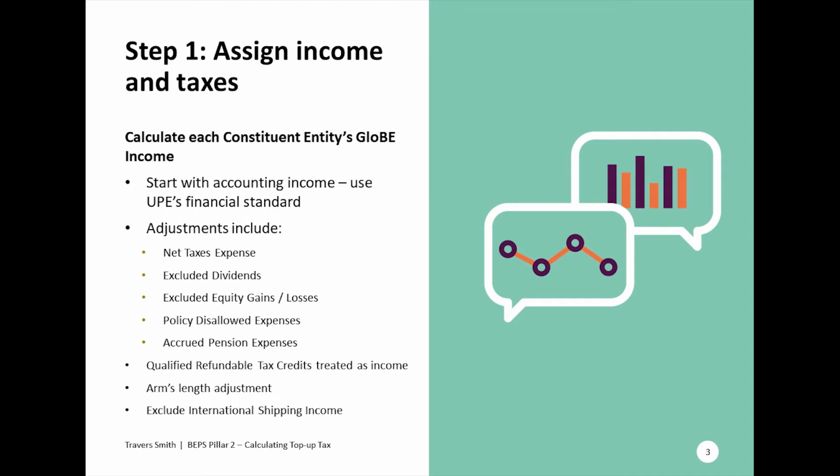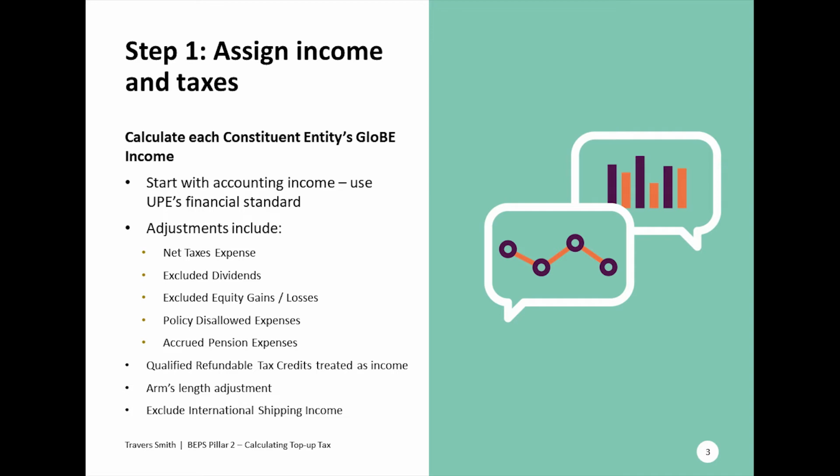The next thing to be removed are excluded equity gains or losses. And these are gains or losses on the disposal of an ownership interest other than the disposal of an interest in a portfolio shareholding. Here, there's no holding period requirement. Then you need to add back any policy disallowed expenses.